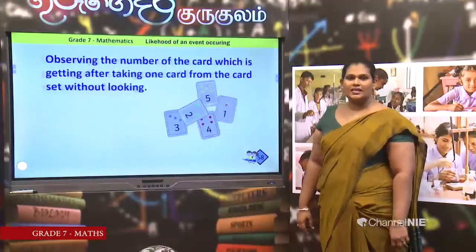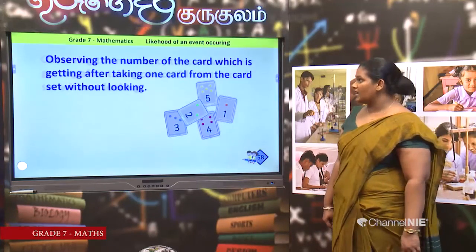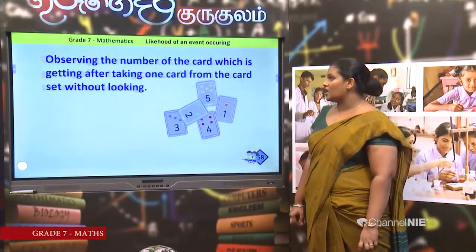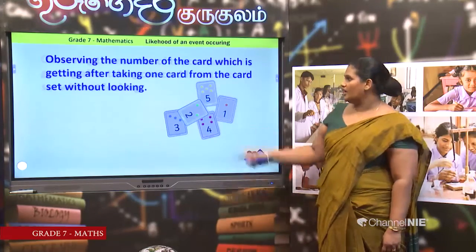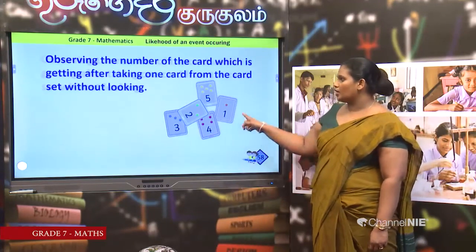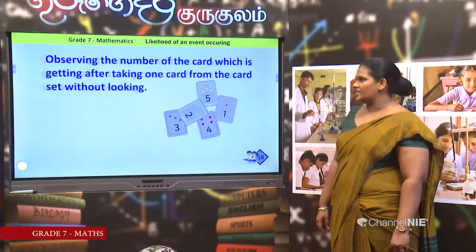So, next experiment. Observing the number of the card which we get after taking one card from the card set without looking. Now, here I have got 5 cards numbered from 1 to 5. Now, which card would I take?